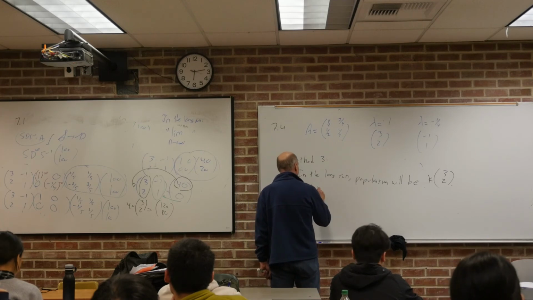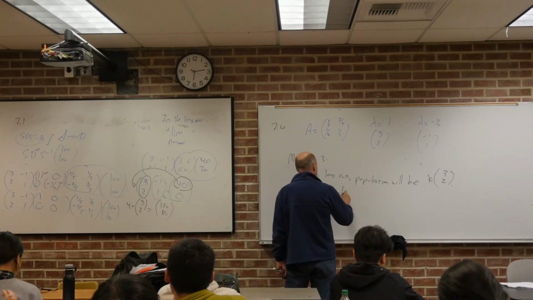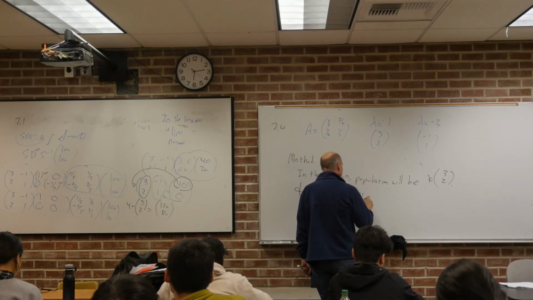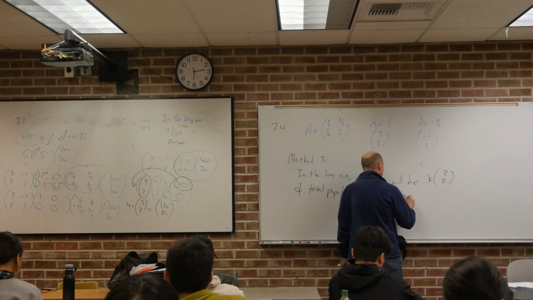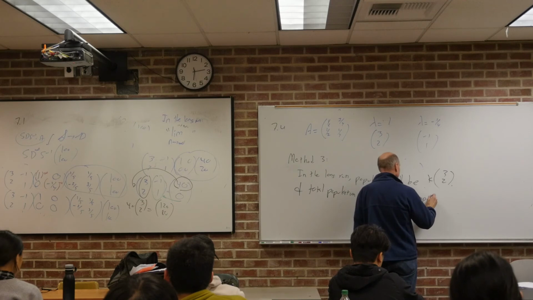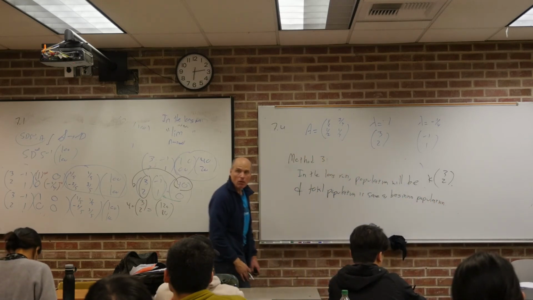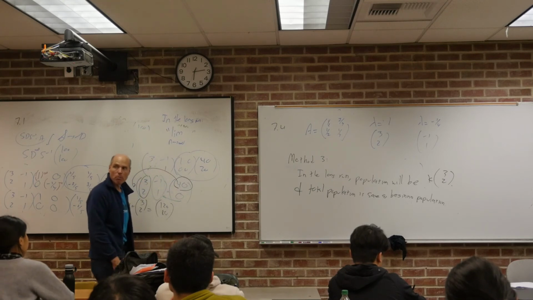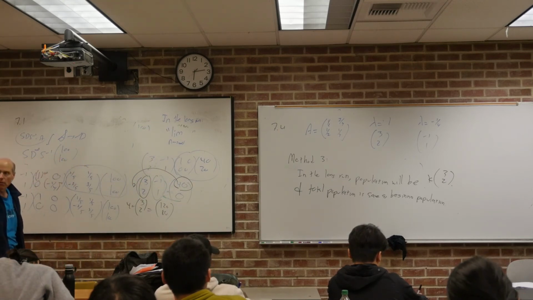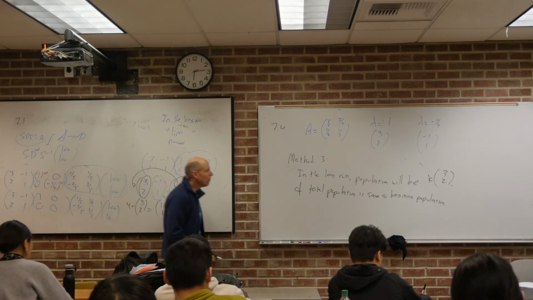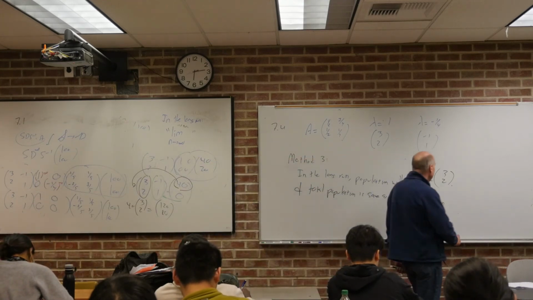And total population. So what I need to do is take 200 people and divide them into a 3 to 2 ratio. So there's 200 people in a 3 to 2 ratio.